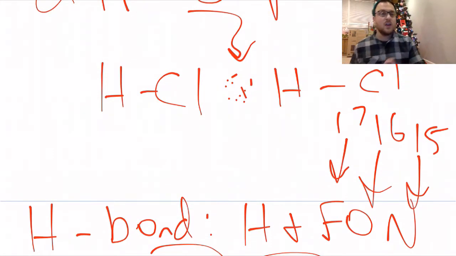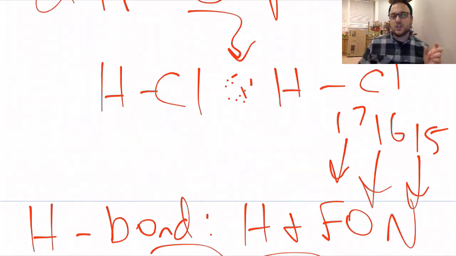An HO will have a higher boiling point than an HS. An HF will have a higher boiling point than an HCl because of this unusually strong attraction that we call a hydrogen bond.